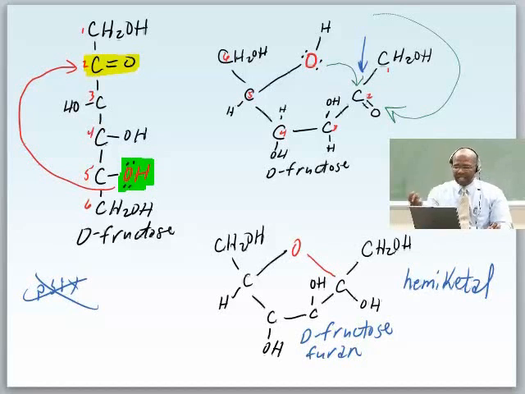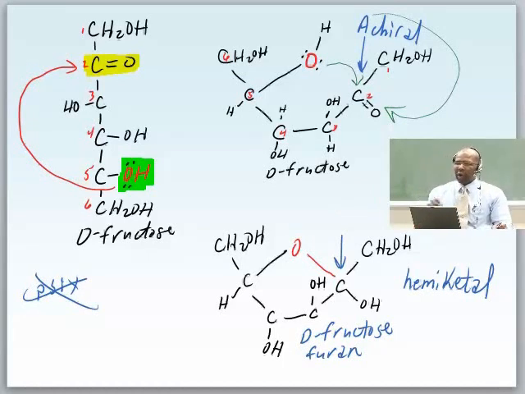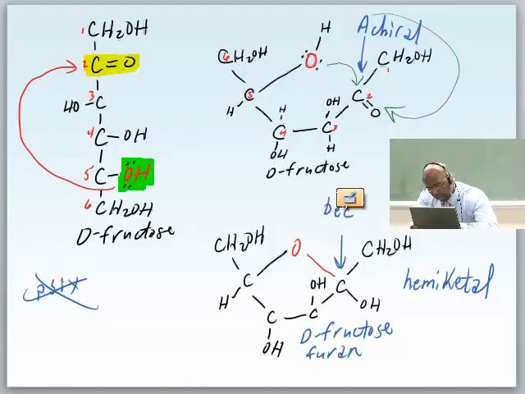Achiral, because it only has 3 things. So this carbon is achiral. Now, here, there's that same carbon. Is it chiral or achiral? It's chiral now. So it went from being achiral and it became chiral.